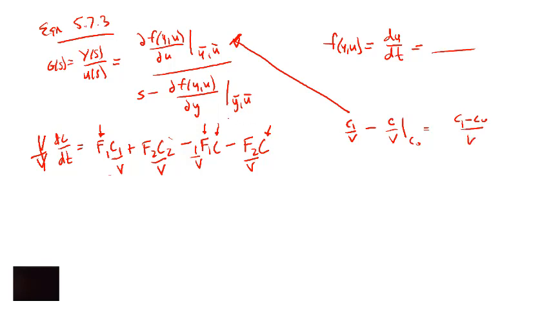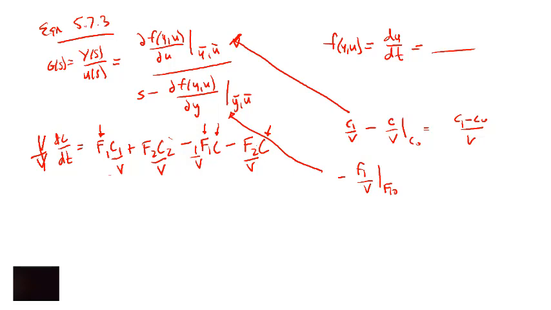Now we can do the same thing for this one: take the derivative with respect to the output. The first term is a constant with respect to the output, so that's 0. This is also a constant. The next term is going to be minus F1 over V, evaluated at F10, the derivative with respect to the output.